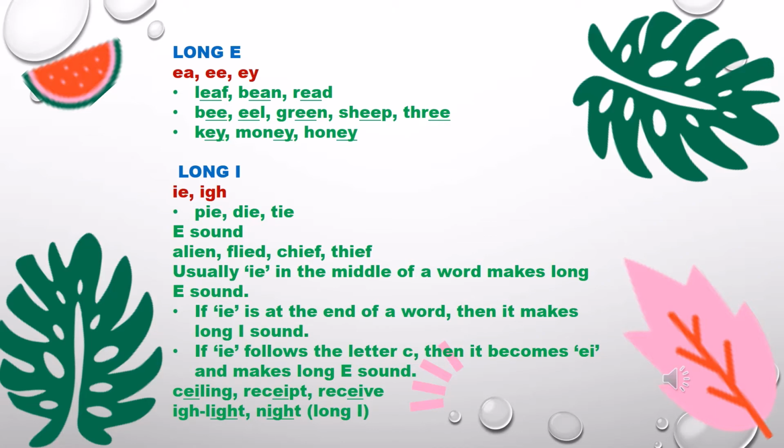If IE is at the end of the word, then it will make an I sound. If IE follows the letter C, then it becomes EI and makes a long E sound. For example, ceiling, receipt, receive, light, night, and many more.